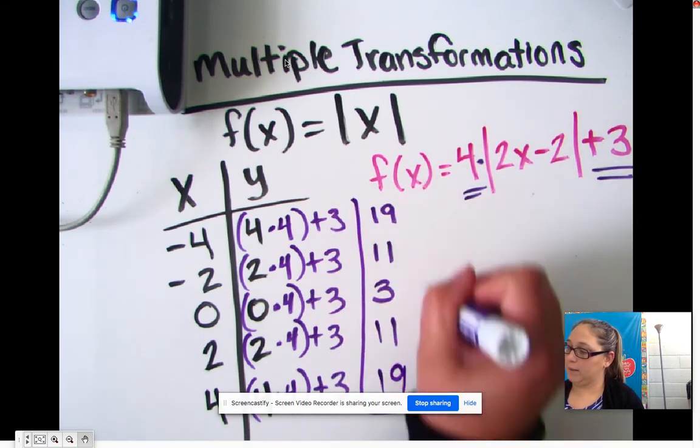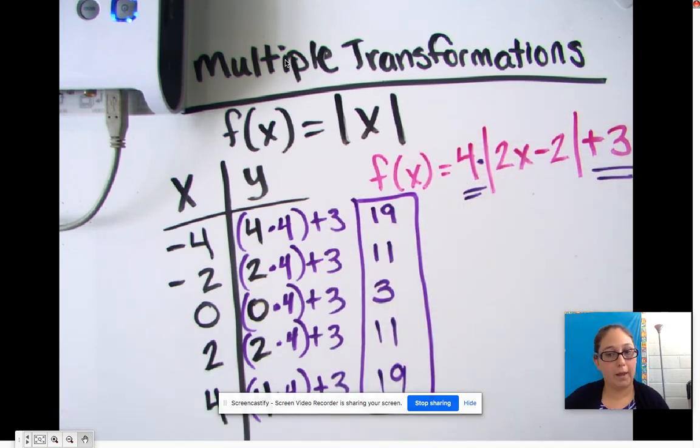These purple ones are going to be my new y values when I graph. This is how my y values were changed.